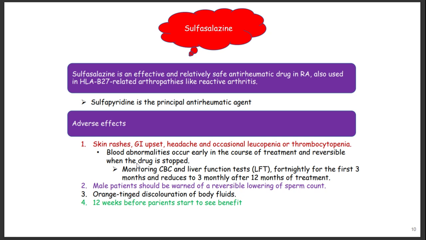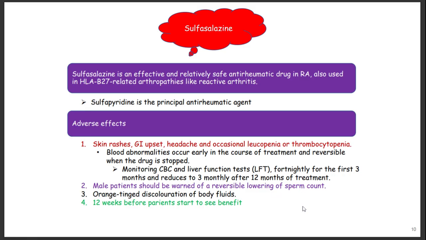Blood abnormalities occur early in the course of treatment and are reversible when the drug is stopped. So when you are treating someone using this drug, you need to monitor the complete blood count and liver function tests every 2 weeks for the first 3 months, and then reduce to every 3 months after 12 months of treatment.